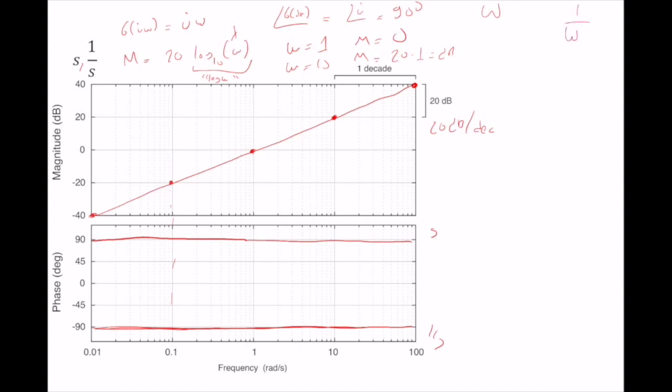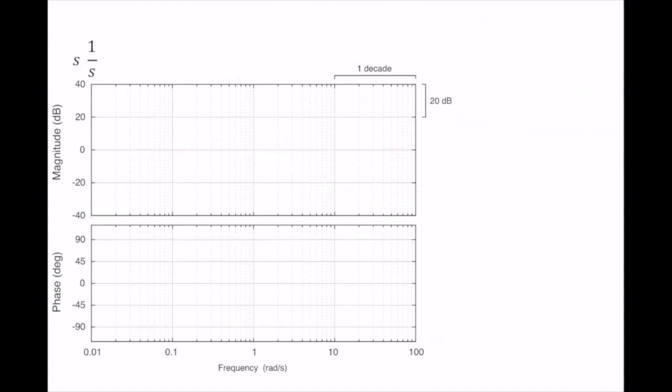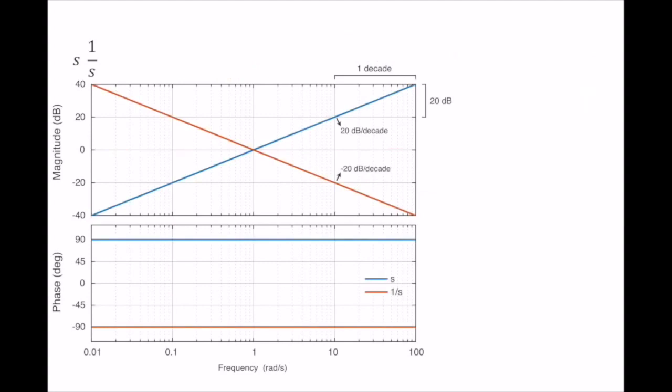If we take the log, log of 1 over omega is equal to minus log of omega. So technically, we just reflect the Bode plot of s with respect to the 0 dB line to obtain 1 over s. It looks like this. For this reason, the second one, 1 over s, has an inclination of minus 20 dB per decade. If you look at the result, as you can see, it's true.